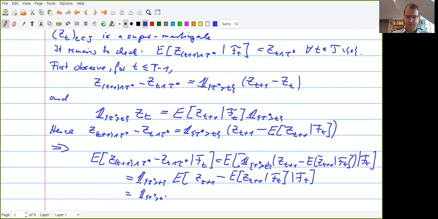So by the tower property, well, this is again F_t measurable. I don't need to use the tower property, I can also just use the measurability of this object. So this is F_t measurable, so I can pull it out. No, the tower property is better. So, right, so use the linearity. So you have this.